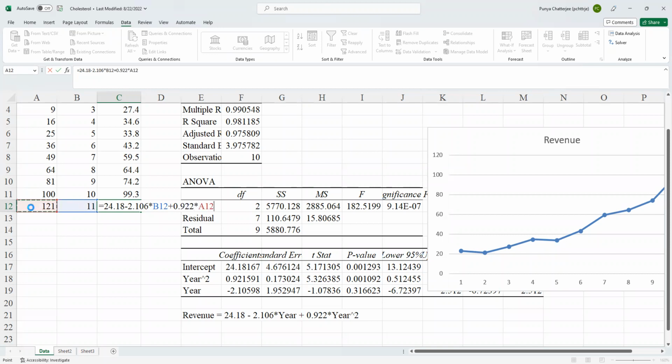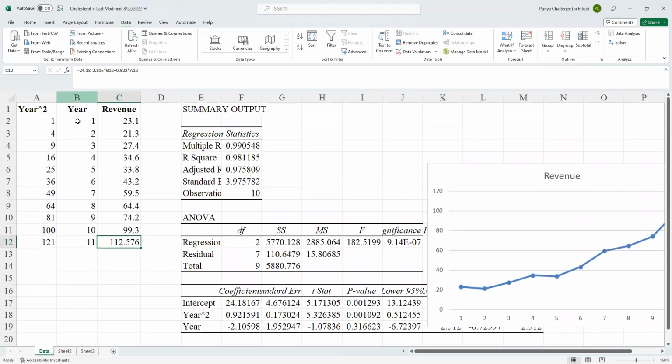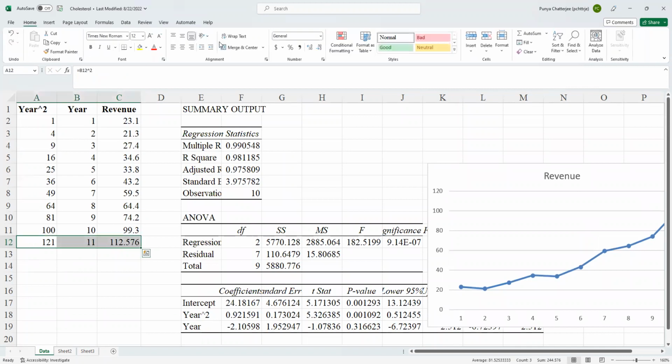Okay. So this is going to be your forecast for year 11. There you go. So that's all for quadratic regression. If you see a nonlinear trend or a quadratic trend in your data, this is what you need to do.